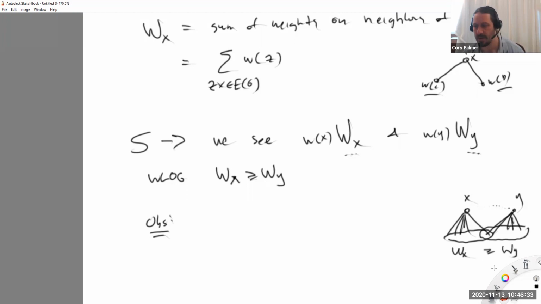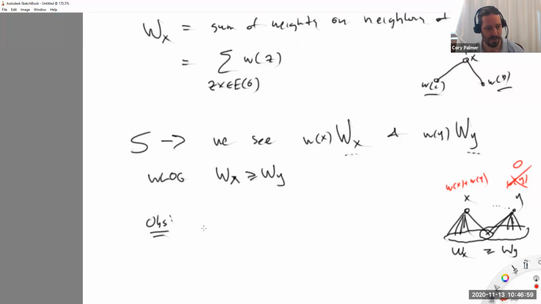So what I'm going to say here is, let's zero out the weight here. So Wy, let's turn that to 0 and add Wy to Wx. Okay, that's the shifting property I'm going to do. I'm going to zero out this, turn this to 0, and move the weight over to x instead. My weight function is still valid. The sum of all the weights on individual vertices adds up to 1 because I lost Wy and added Wy.